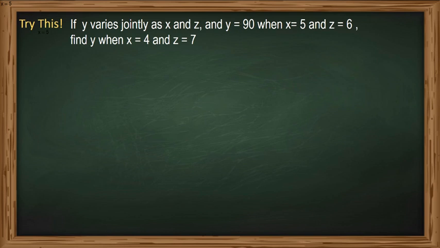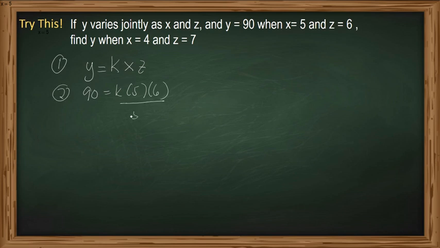Let's check it. Okay? Step 1, translate the statement of variation into an equation. If y varies directly as x and z, and y is equal to 90 when x is equal to 5 and z equals 6. So step 2 is determine the constant k.